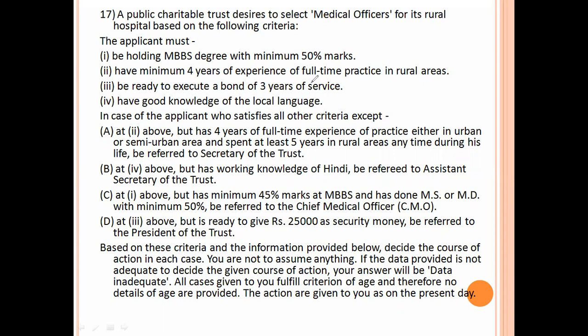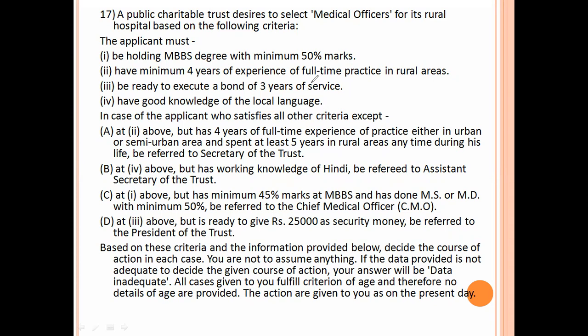In the case of an applicant who satisfies all other criteria except 2 above, but has 4 years of full-time experience of practice either in an urban or semi-urban area and has spent at least 5 years in rural areas any time during his life, he is referred to the secretary of the trust.